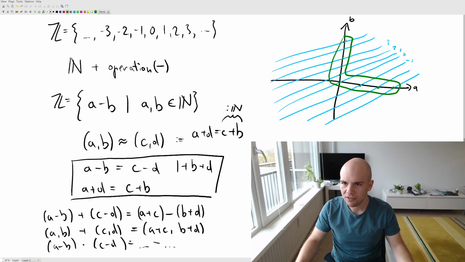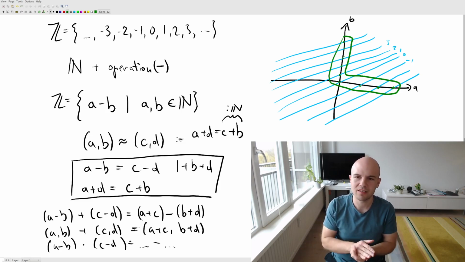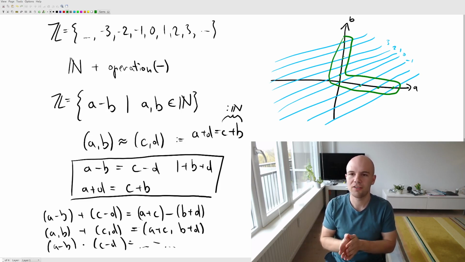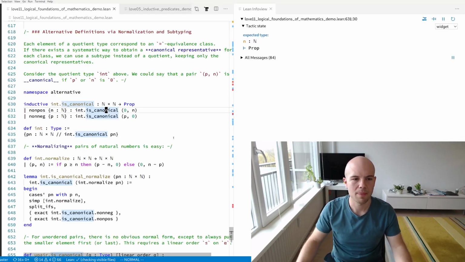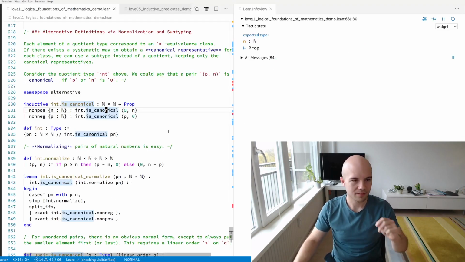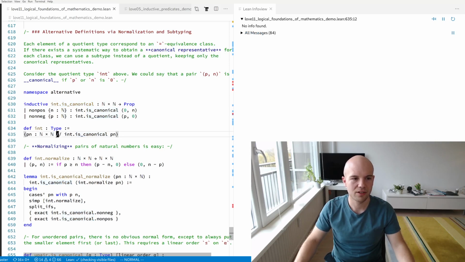We take this set of canonical representatives, exactly one out of each equivalence class, and then we can define the integers as a subtype instead of a quotient.